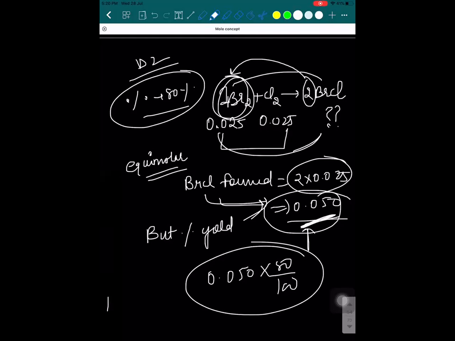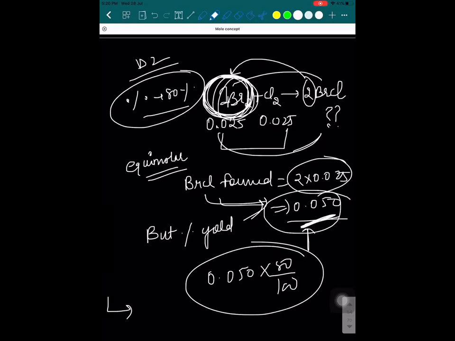Now simply you can say from here, from 2 moles, it is just like that. You can compare this also: half of the moles of the bromine is left unreacted.